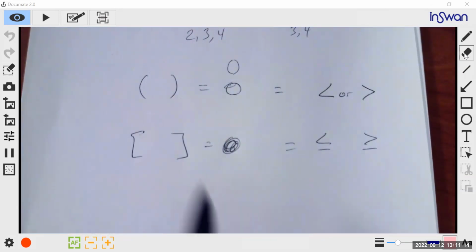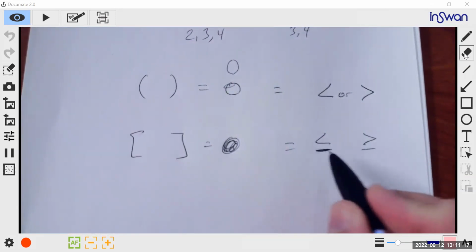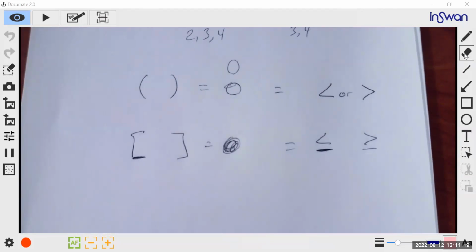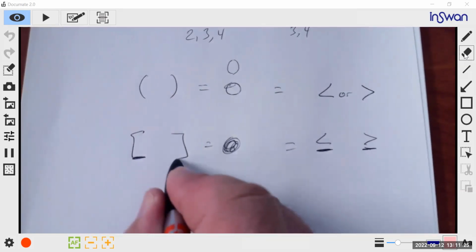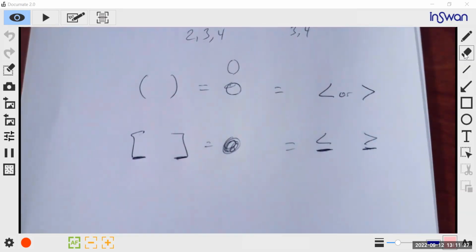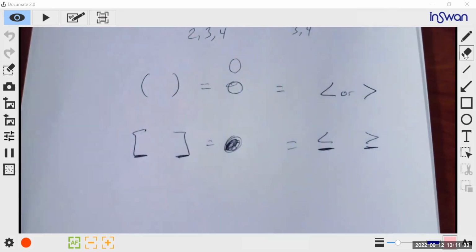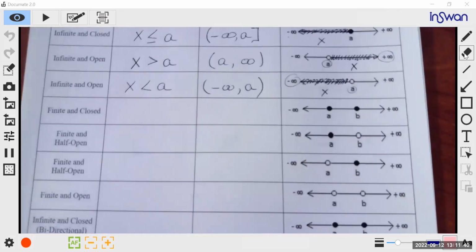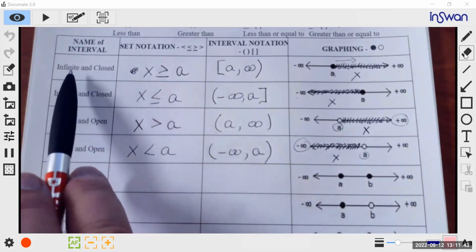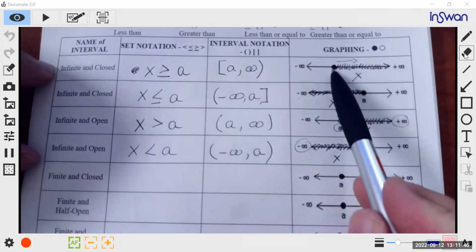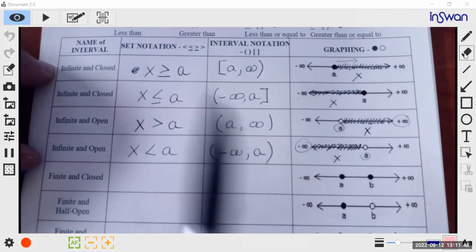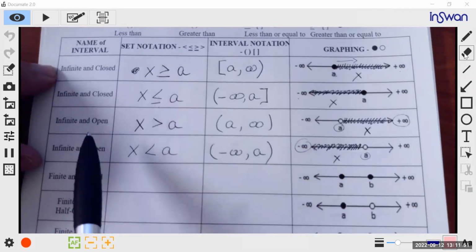It's just still rounded. But this one, because there's a solid line down here, those tell you which ones you have to use. So if it has a line on the bottom, it has to have a line on the bracket also. Okay, so these four we've done so far are called the infinite, because it starts at a number and goes to infinity. They're either going to be open or closed intervals.